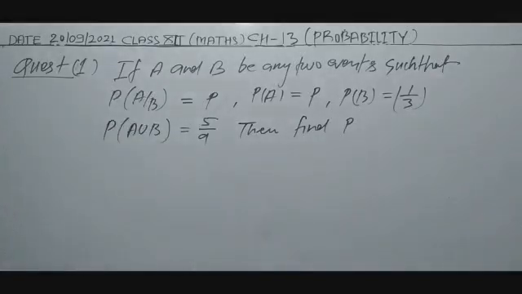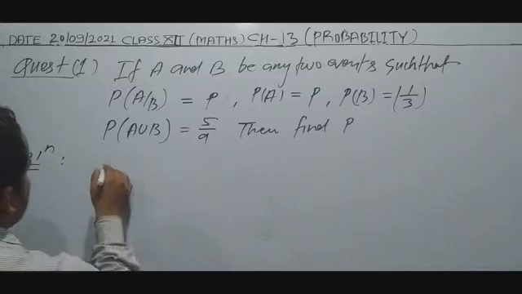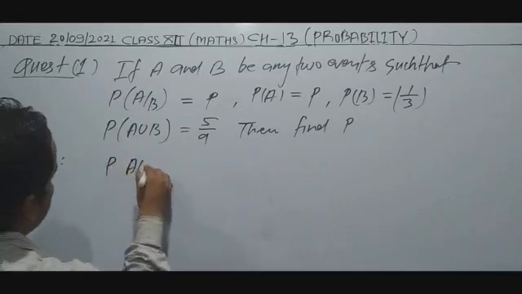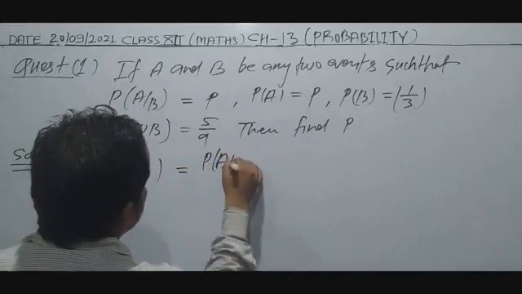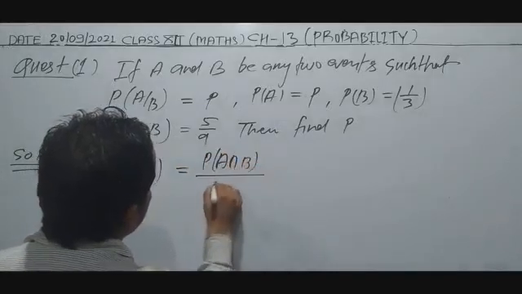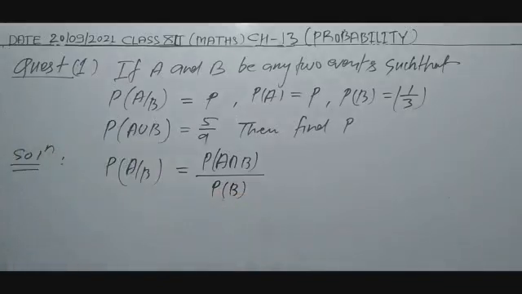Now you will see, solution. The conditional probability of occurrence of event A when B has already occurred, we can write as probability of A by B is equal to probability of A intersection B whole upon probability of B, where probability of B is not equal to 0.